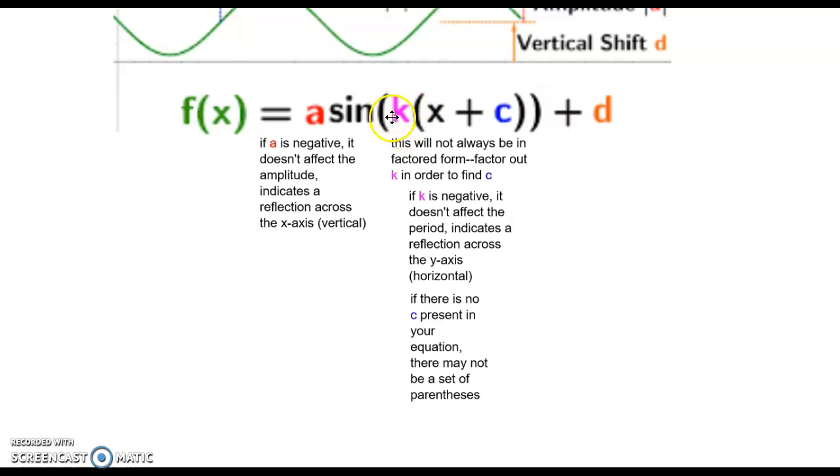It's the location of the k value that indicates it's a horizontal transformation or dilation specifically, as opposed to a vertical one. Vertical dilations occur right before they're the coefficient on your trig function, whereas horizontal transformations are the coefficient on your x term. So you won't always see parentheses there. Just know that the location of it is what indicates the horizontal transformation.